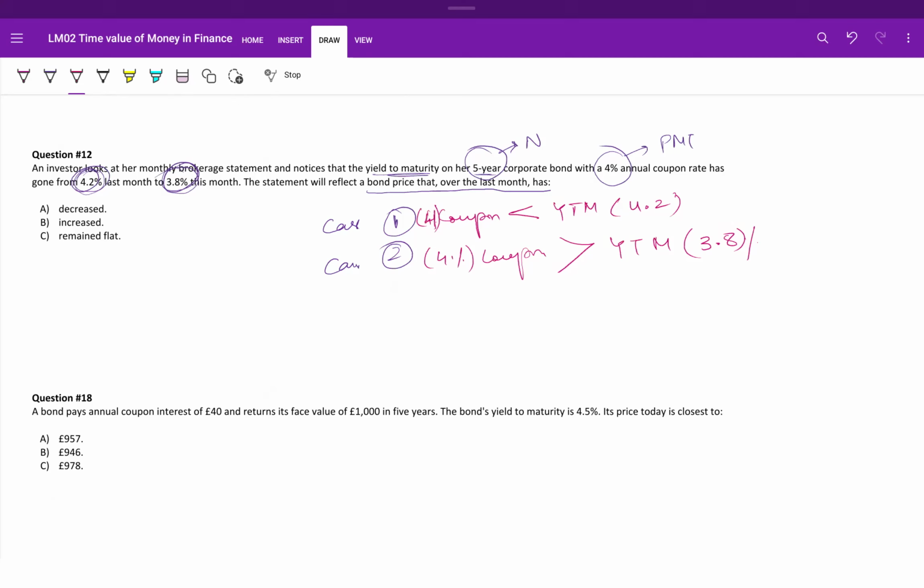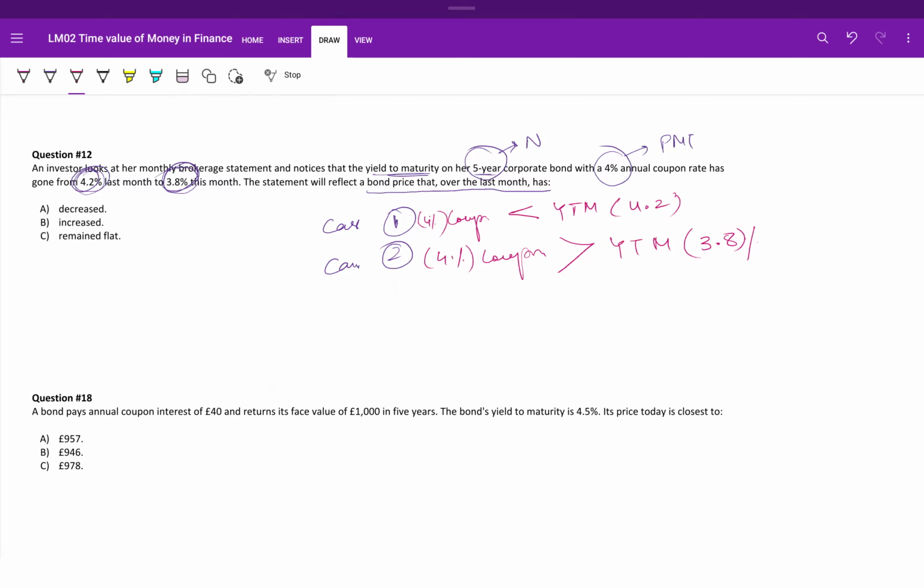if you want to calculate it, you can calculate this thing. I will just calculate it for you. Just give me a moment. Here, coupon is 4%.